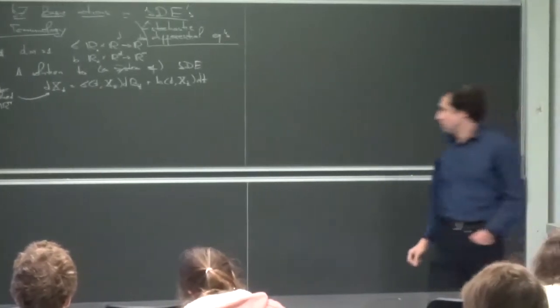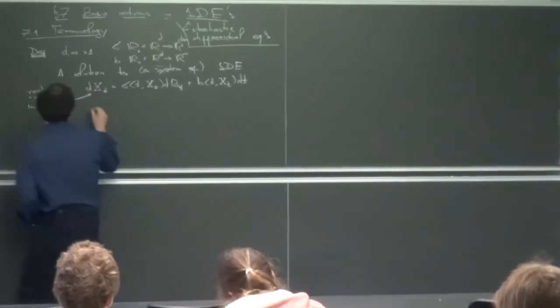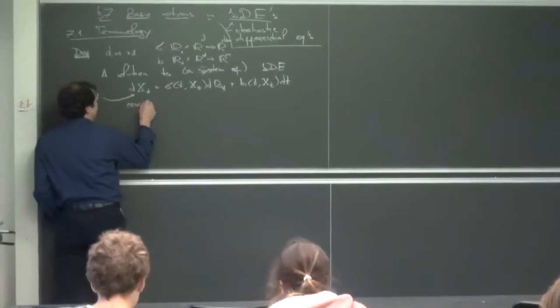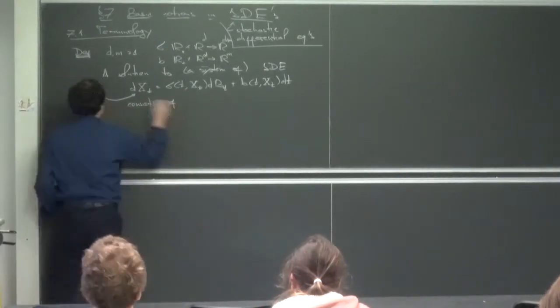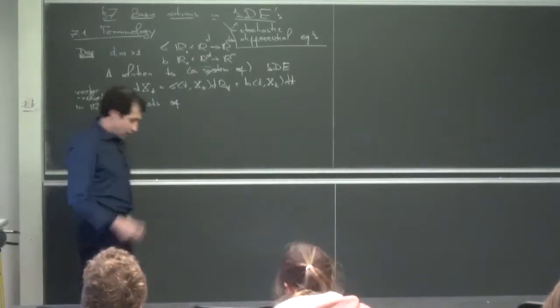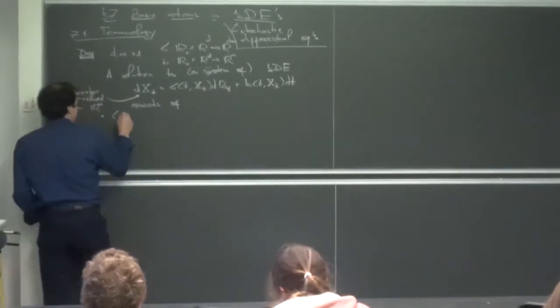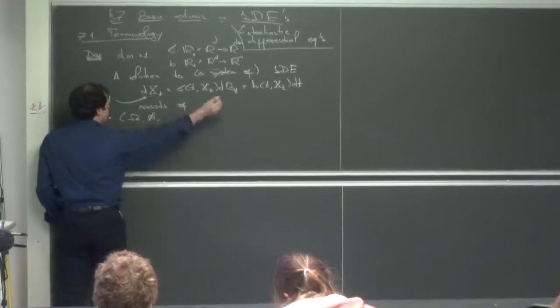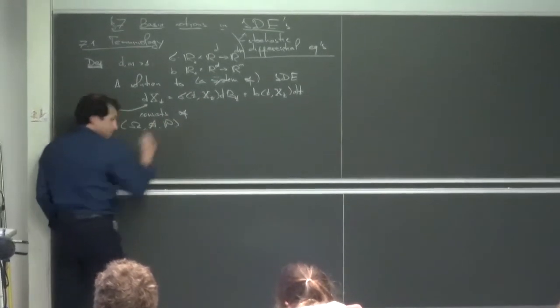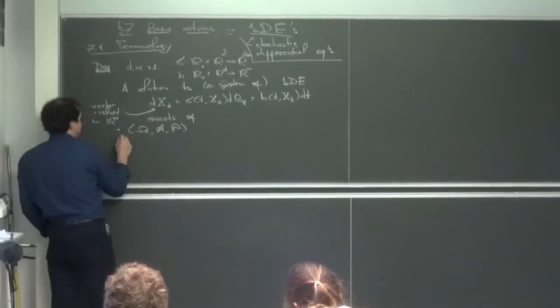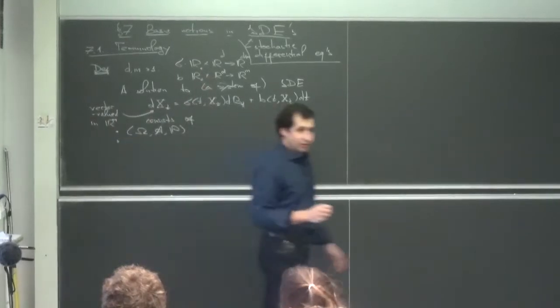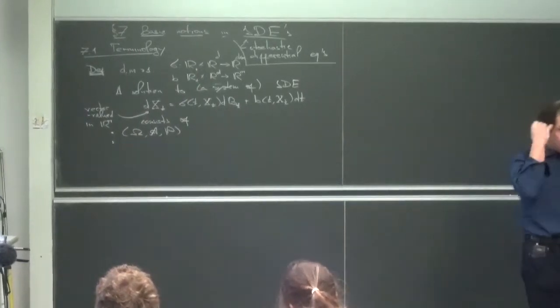So what's that? By definition, it consists of, first, we should have some probability space. Second, we should have a collection of Brownian motions defined on them.